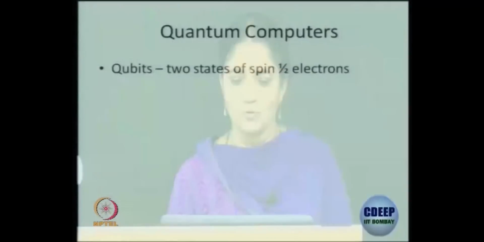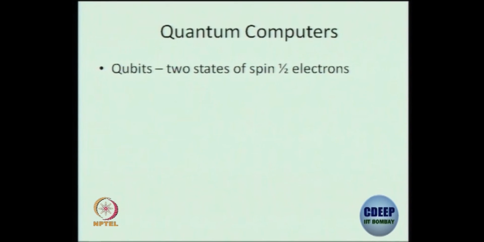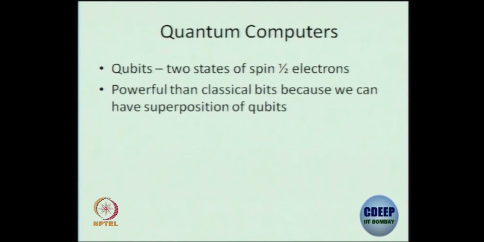So just to give you an idea, qubits are 2 states of the spin half electrons. They are more powerful than classical bits, because there you just play around with only 0 and 1, but here you have superposition of qubits.